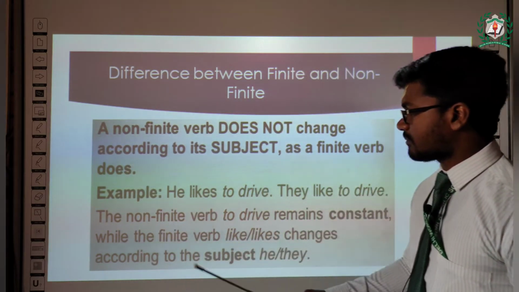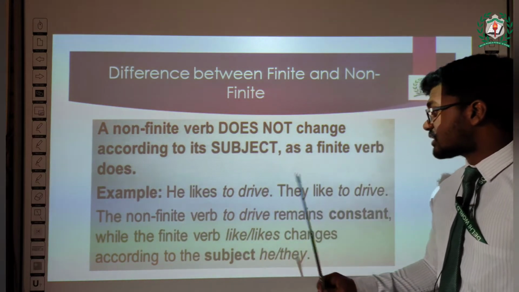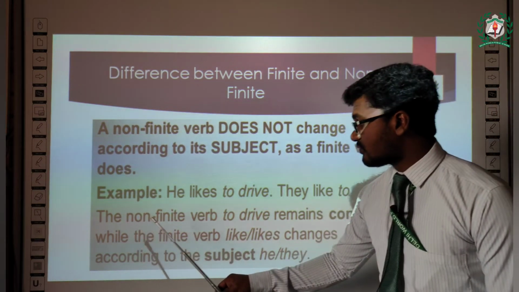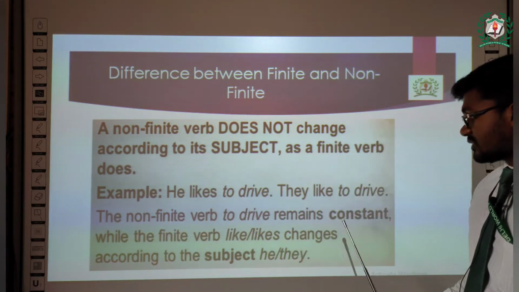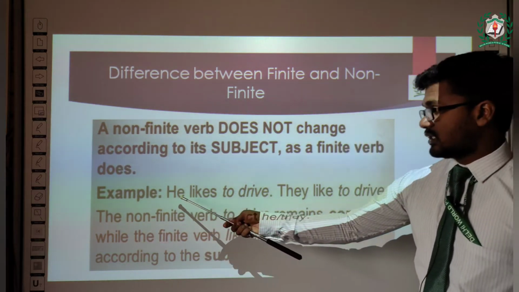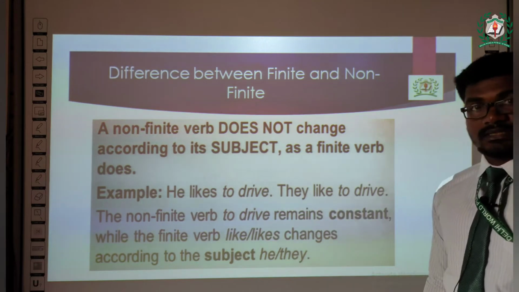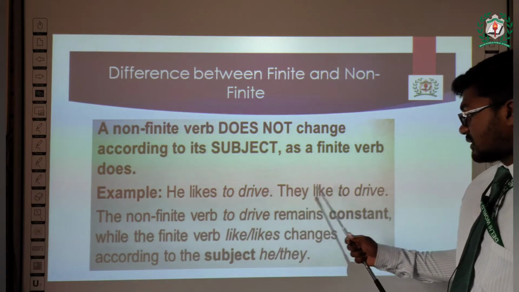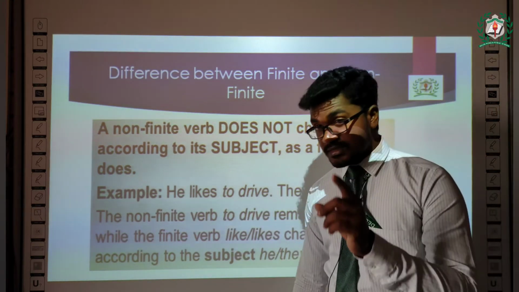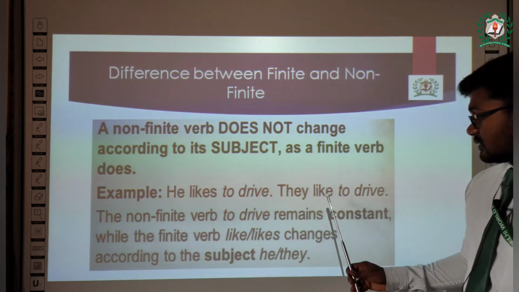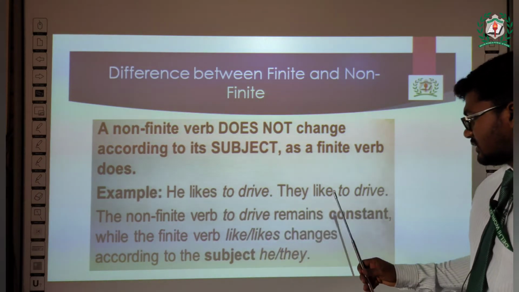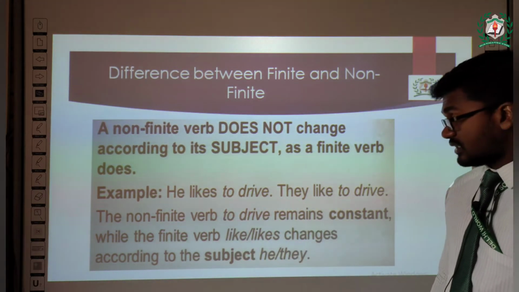Right? Okay? Example, he likes to drive. They like to drive. The non-finite verb to drive remains constant. Here you see, in the first sentence and the second sentence, to drive remains the same. What changes here? See here, likes, es is here, only e is.